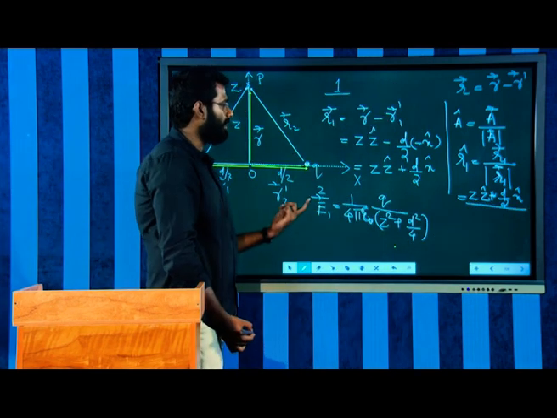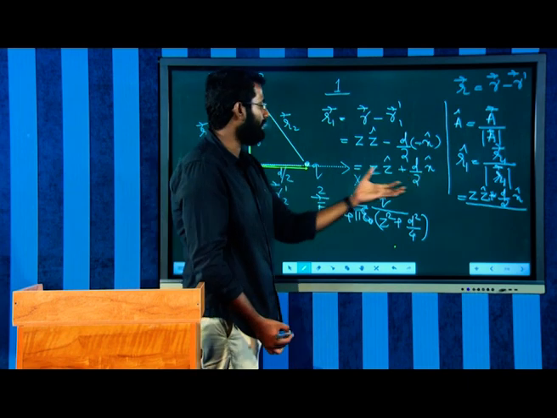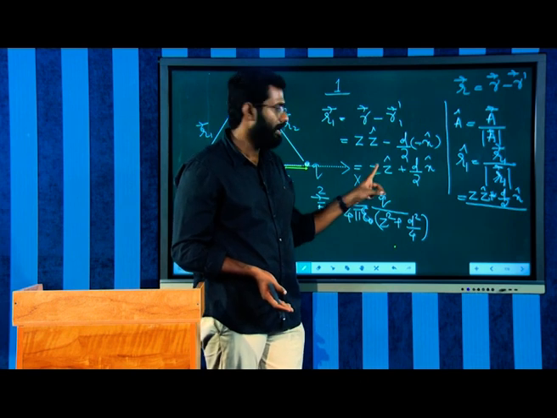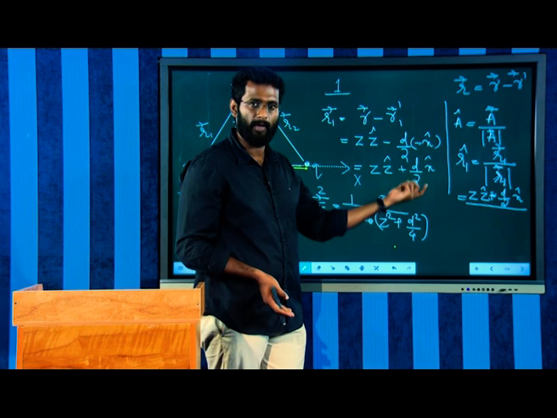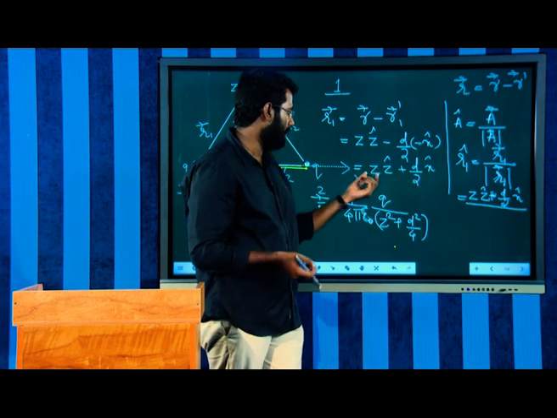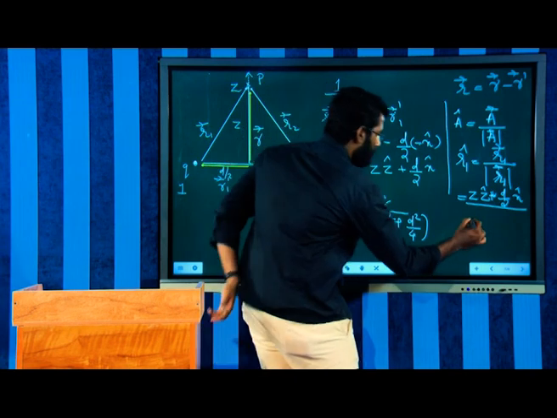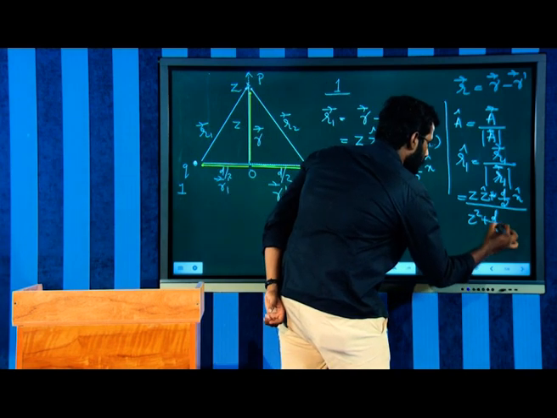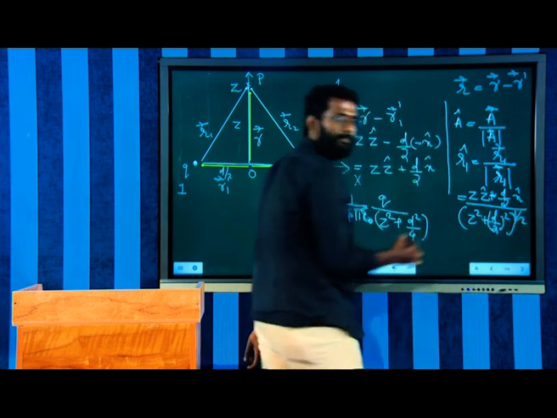How to find the magnitude of this vector? Take each component, square it, add them, and find the root. Here the first component is z and the second component is d by 2. Take the squares, z square and d by 2 the whole square, take the sum, and finally take the root, that is z square plus d by 2 the whole square raised to 1 by 2.